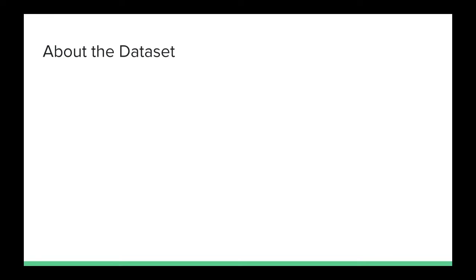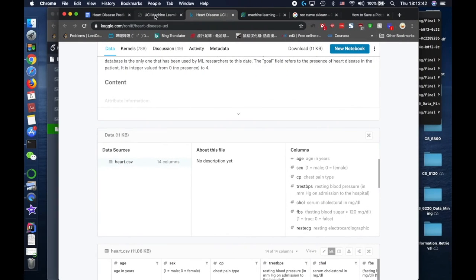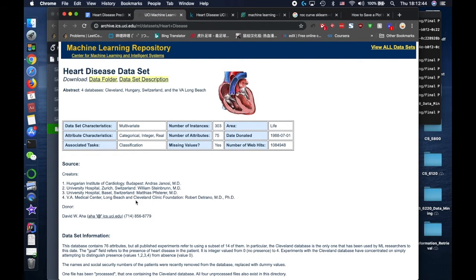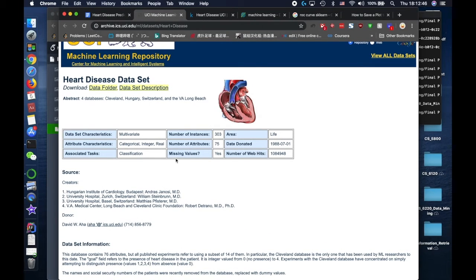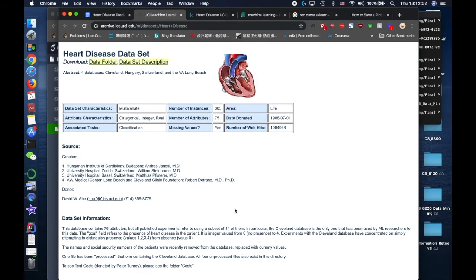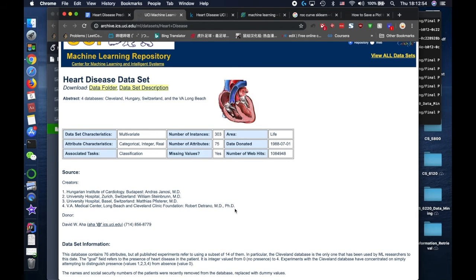Now, let's talk about the dataset. The original UCI dataset can be found here. This link is directing to the UCI machine learning repository, which is this website. This original dataset contains many attributes, more than we need, and has long been studied by many researchers and doctors.